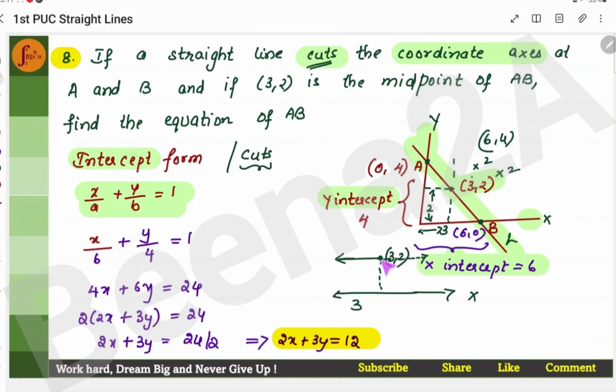If you have a line like this, this becomes the midpoint. Then you will have equal measurements on both sides. If this is 3, then this side also will be 3. So it's going to be 6. This y value is nothing but the y-intercept. This 4 is the y-intercept and this 6 that you have got here is the x-intercept. So you put a value as 6, b value as 4. Simplify, rearrange the terms and you get the equation.